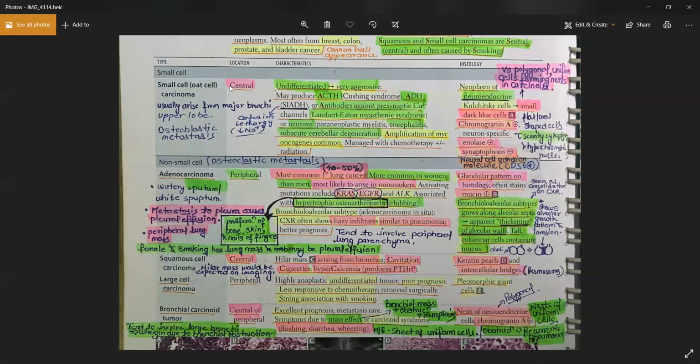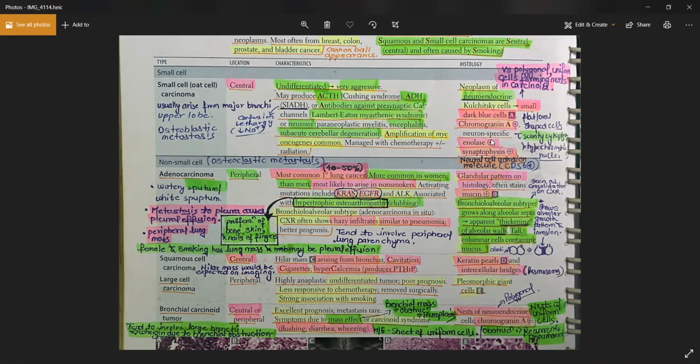Now you have performed the biopsy. Another test you can do is to check for the neural markers. This tumor will be positive for chromogranin A, neuron-specific enolase, and synaptophysin. Another marker is the neural cell adhesion molecule, which is CD56. So these are the 4 markers which are positive for this cancer, because this cancer is a neuroendocrine tumor.